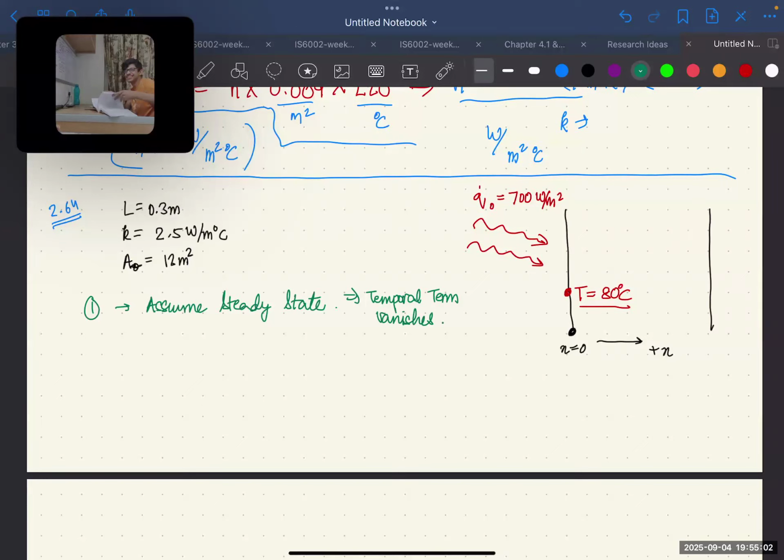What next? They are asking us to assume no heat generation. Okay, good. Assume no heat generation. So the q dot term is also 0.